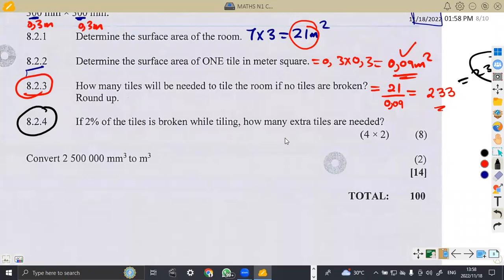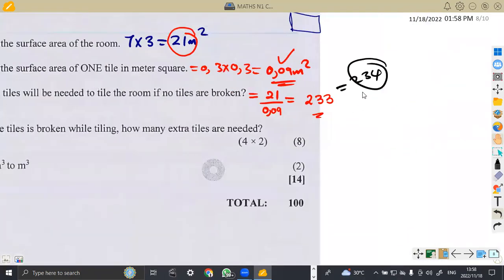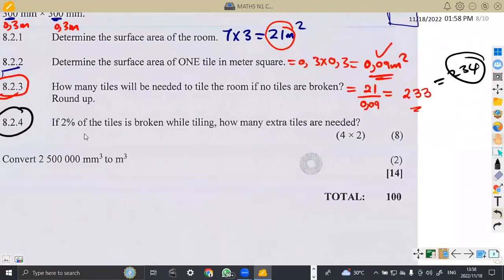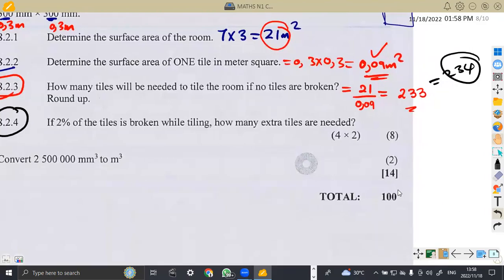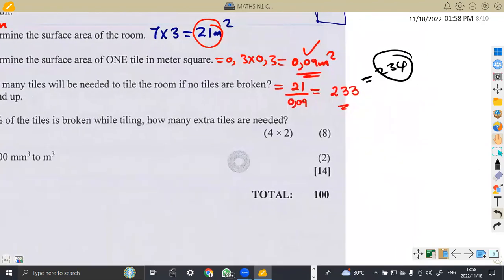Okay, now 8.24, we are now given: if 2% of the tiles is broken while tiling, how many extra tiles are needed? Remember, how many tiles do we need here? We need 234, and 2% of it was broken. So we just have to calculate 2% of this, which is 2 over 100 multiplied by 234.